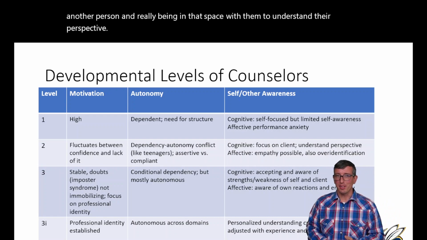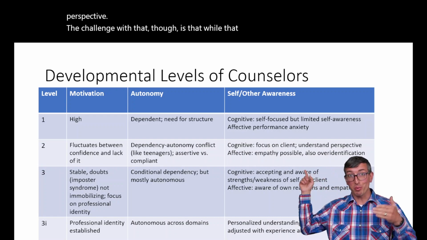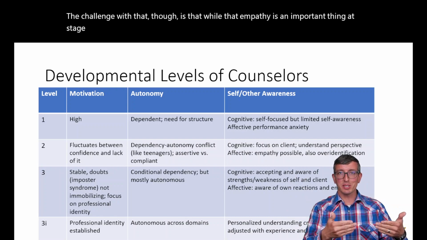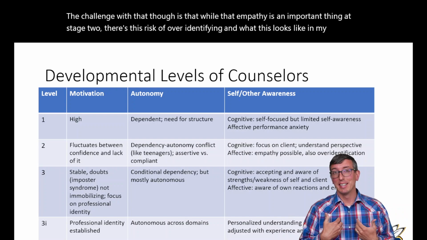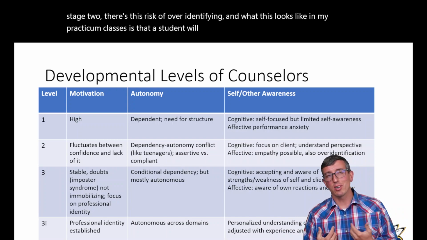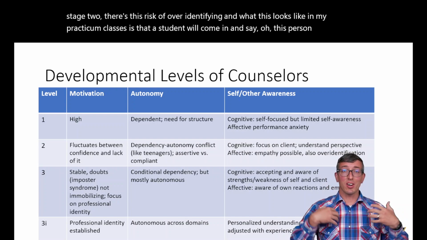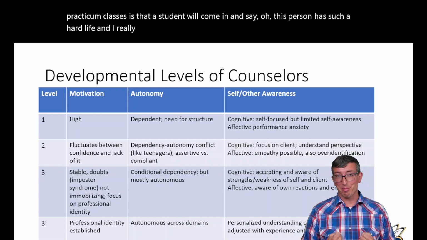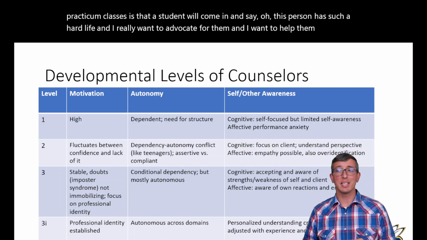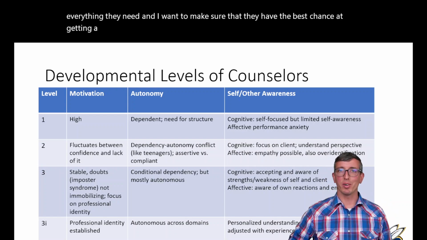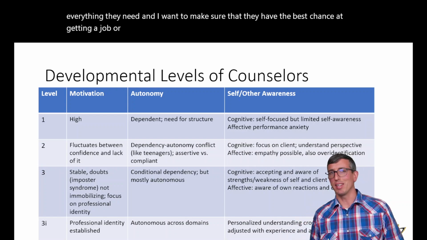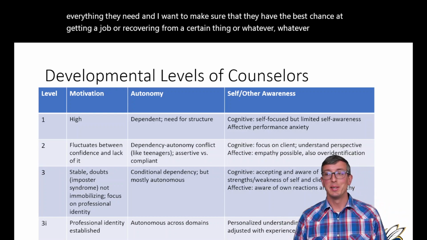The challenge with that, though, is that while that empathy is an important thing, at stage 2, there's this risk of over-identifying. And what this looks like in my practicum classes is that a student will come in and say, oh, this person has such a hard life, and I really want to advocate for them, and I want to help them get everything they need, and I want to make sure that they have the best chance at getting a job or recovering from a certain thing or whatever the issue is.